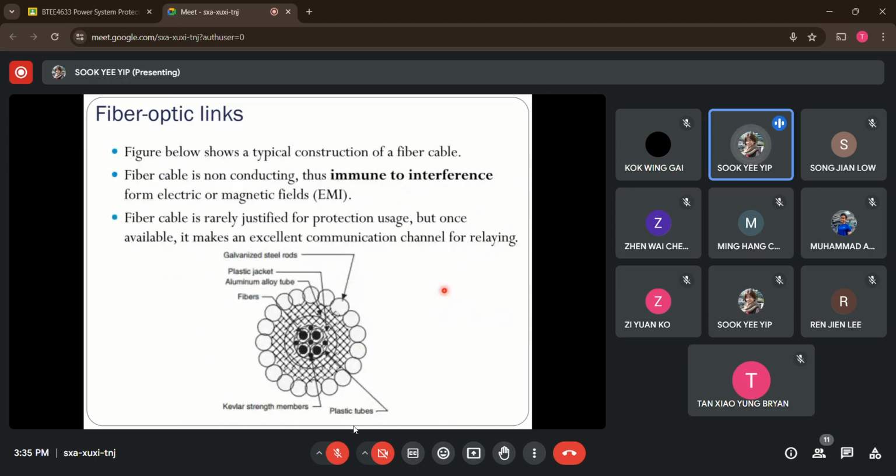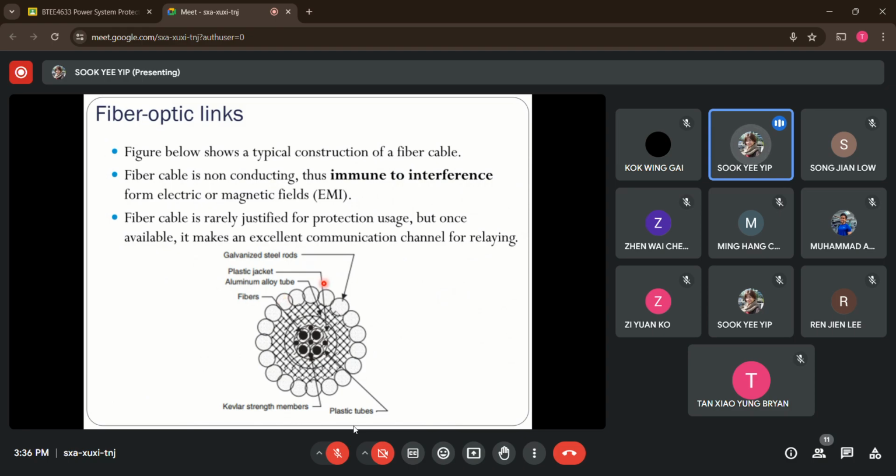If you move to the next slide, we have a figure showing the typical construction of fiber optics cables. As mentioned, the center here is made of glass. The glass fibers are grouped together using plastic tubes, and these tubes are further insulated with a plastic jacket and then covered with layers, for example an aluminum alloy, together with additional strand members.